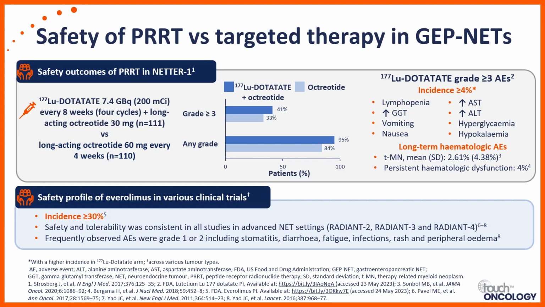Most of the cytopenias are transient, although 4% of patients could have persistent hematologic dysfunction, meaning cytopenias. And the one that I invariably talk to patients about is treatment-related myeloid neoplasms. In NETTER-1, the numbers have been about 2 to 3%, and you could see 2.61% as the mean.